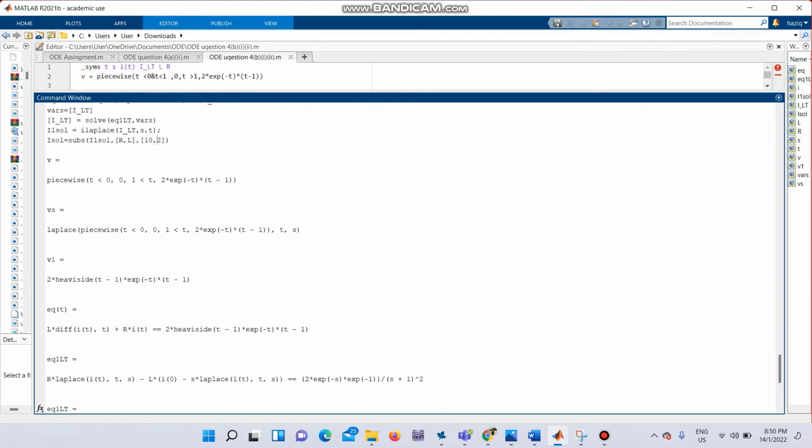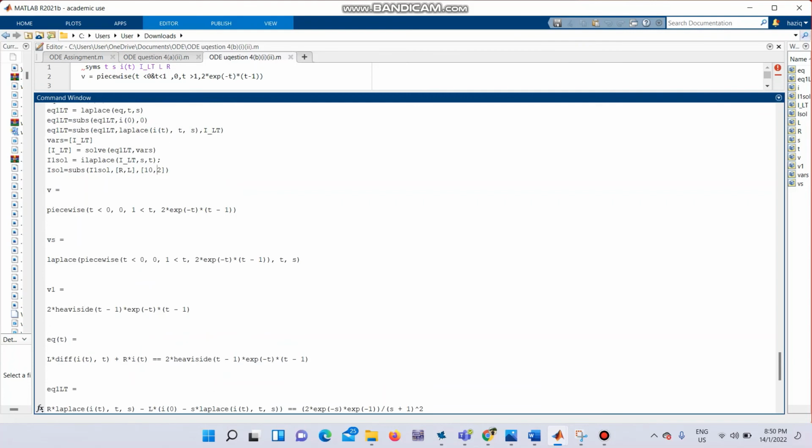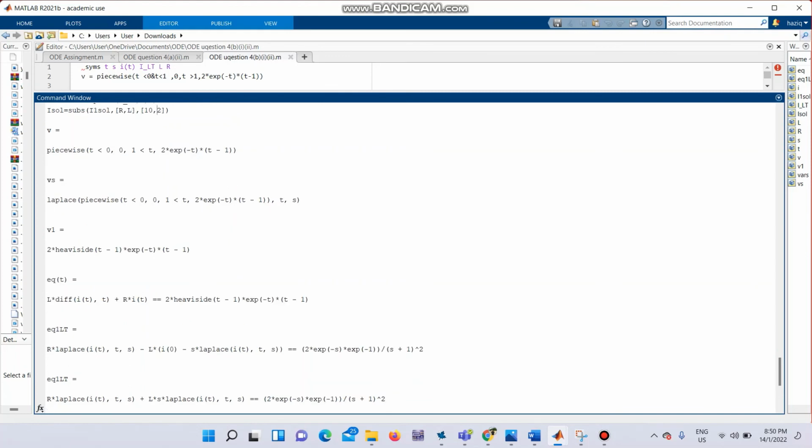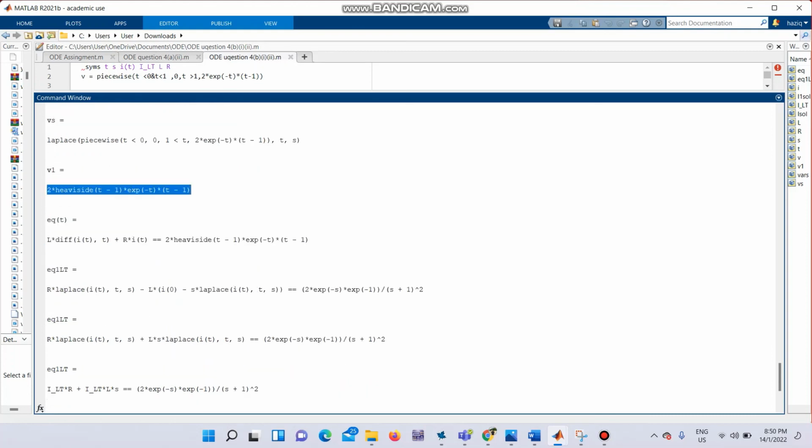First, v equal to piecewise bracket t less than 0, 0, 1 less than t and 2 multiply exponent bracket negative t multiply t minus 1. And this is the output for the Vs and the output for the v1. Also, this is the output for the equation.